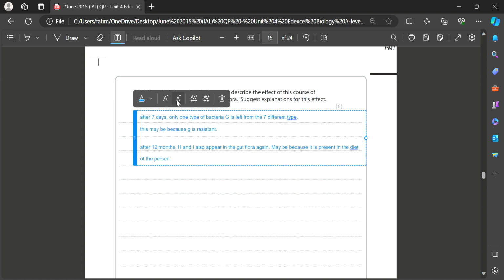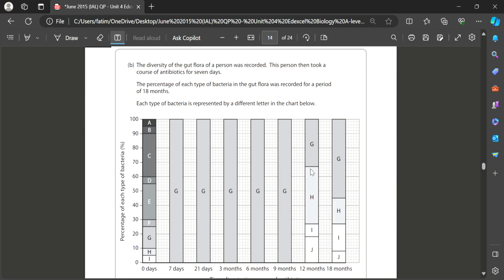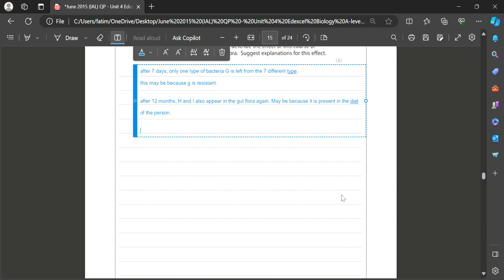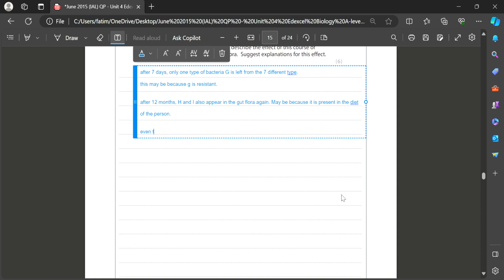So I'm giving a description and an explanation. So right now we've done 4 different points here. Then if you look at over here, G is still in majority, even after 18 months, when there are more bacteria.